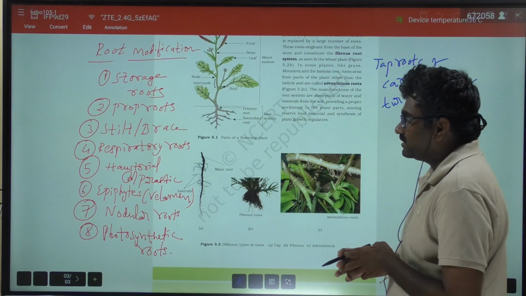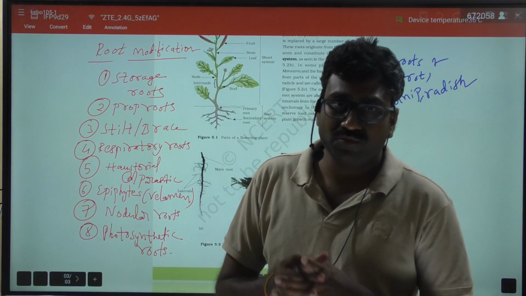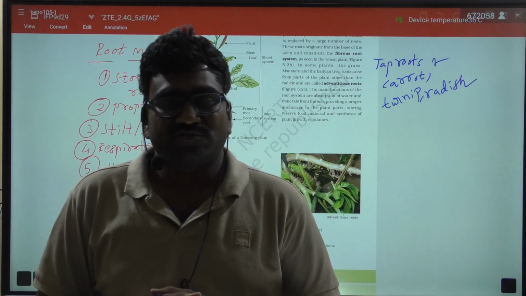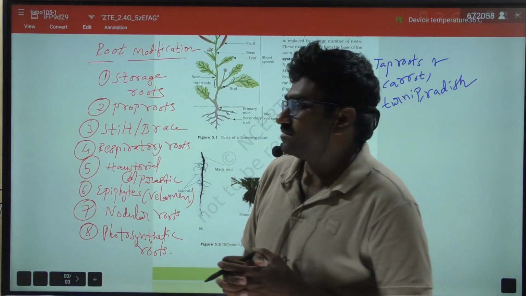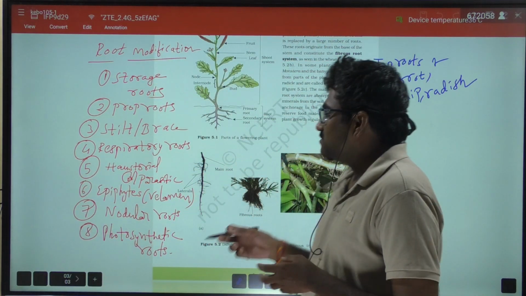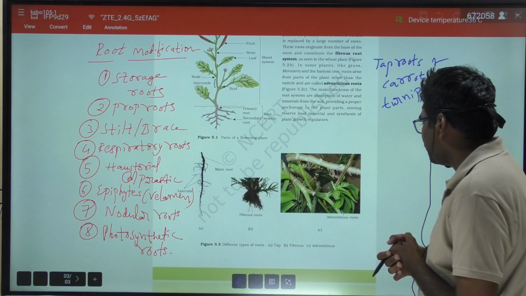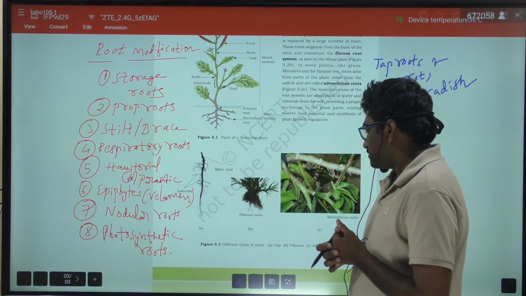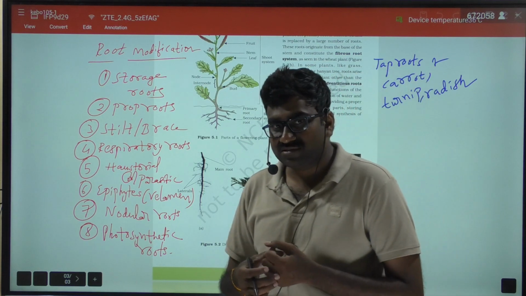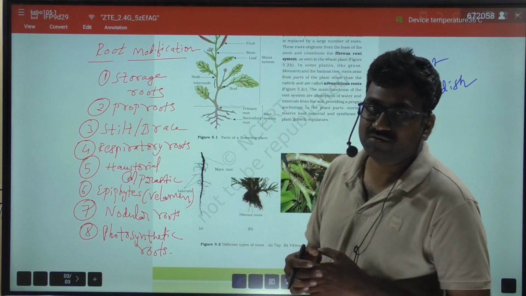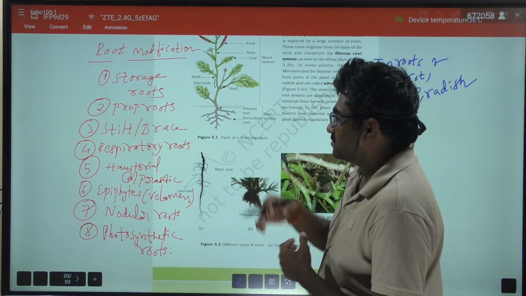These are some of the examples for storage roots. Here the root performs the storing of food material. That is the main function of storage roots. So tap roots of carrot, turnip, radish, and fibrous roots of asparagus and adventitious roots of sweet potato are some of the examples for the storage roots.